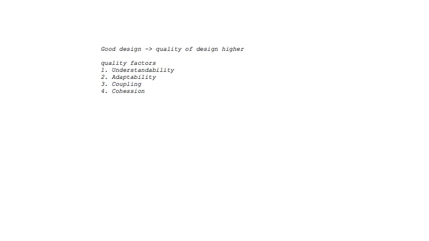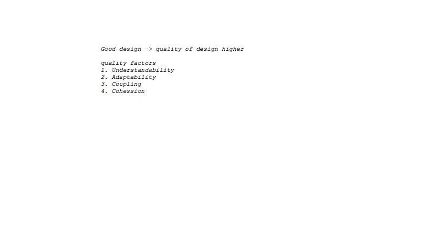To make this work very successful, we should be able to measure the quality of the design, and we should practice in a way that we meet a high quality design to construct the software.